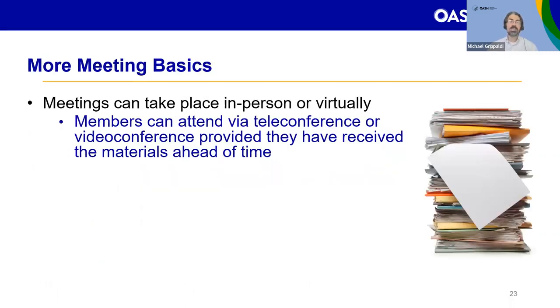As mentioned earlier, meetings can take place in person or virtually, and either is permitted by the regulations. We've offered guidance permitting virtual attendance, provided that those who are not in person have received the necessary materials ahead of time. In reality, all members should review the materials ahead of time. Members who have not reviewed the materials for an IRB action should recuse themselves from the voting because they don't have the information to be able to provide an informed decision and an appropriate vote.